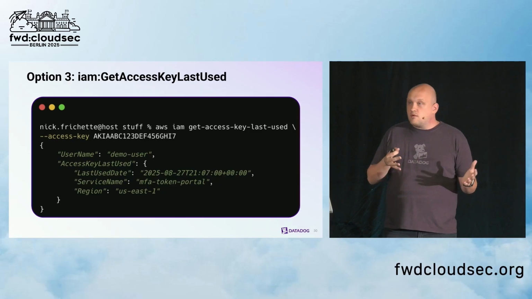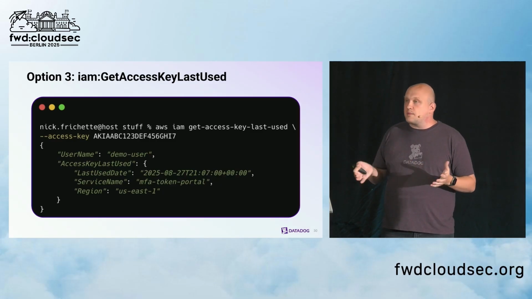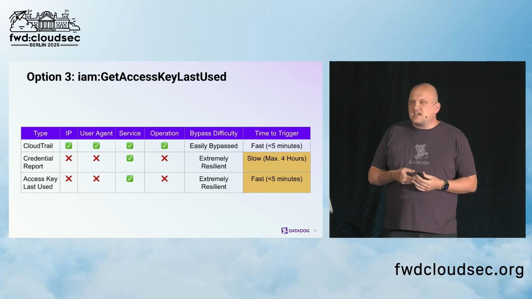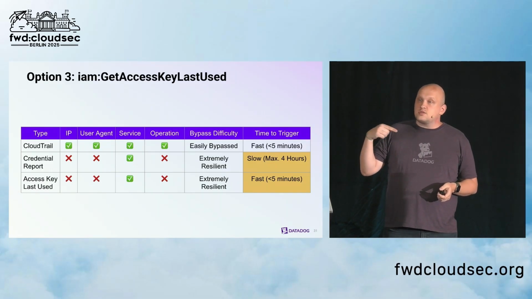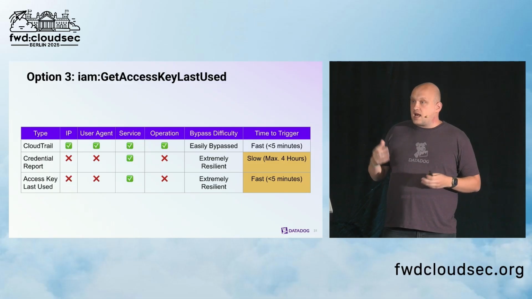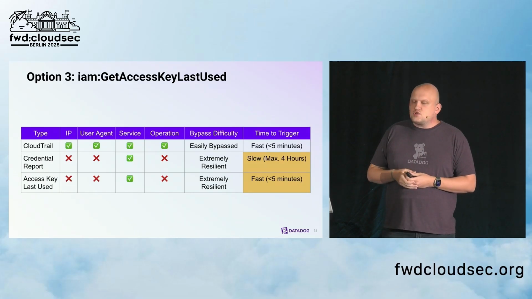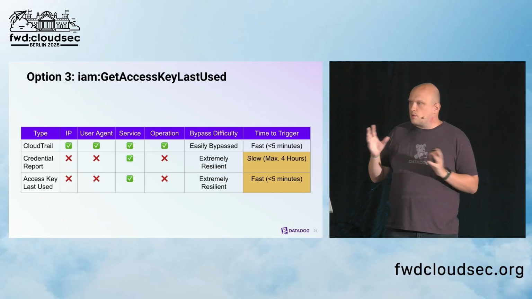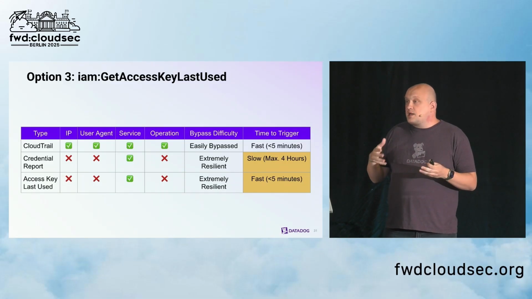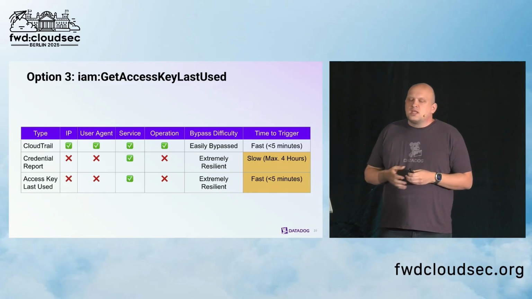There is no arbitrary 4-hour time limit. So you can run this automation, say, every 5 minutes, every 6 minutes, constantly checking if that last used date has been changed, and if it has, alert. This gives you the benefit that it is substantially quicker than the credential report, and can be a much more effective way to go about it.